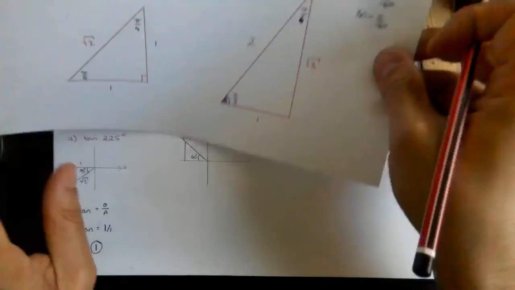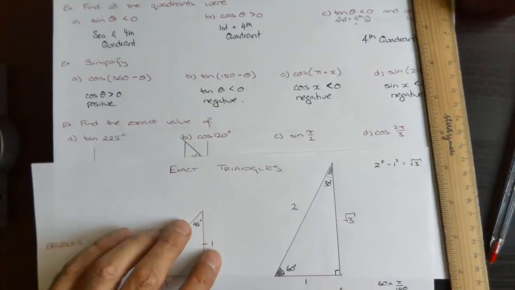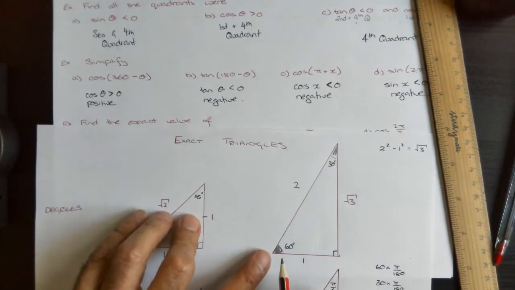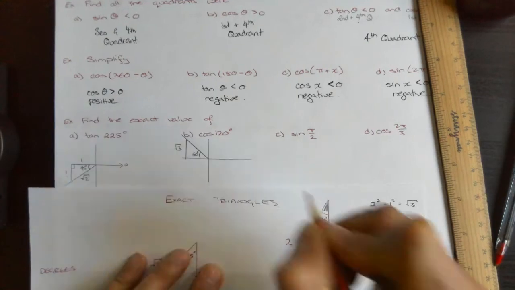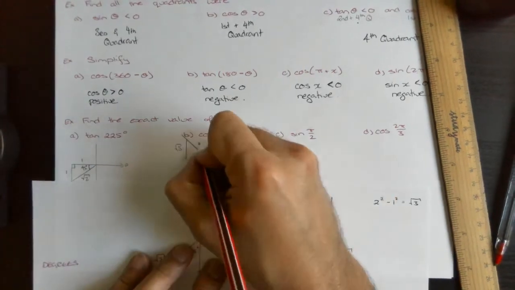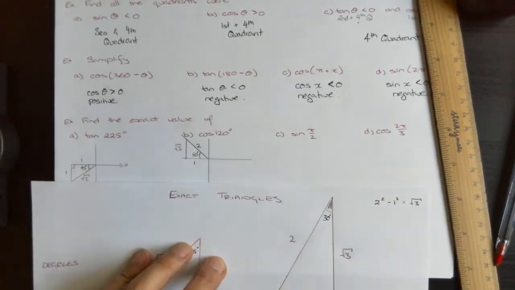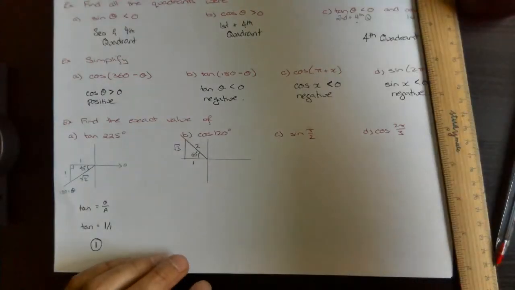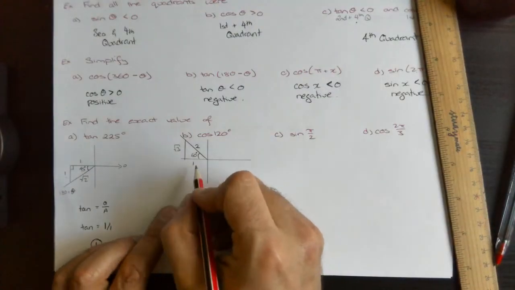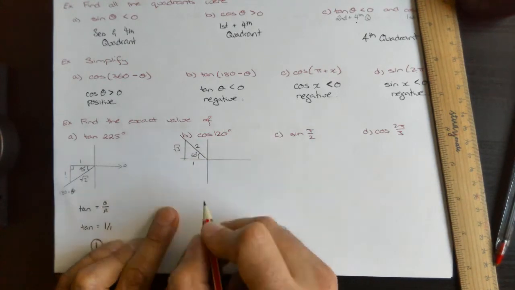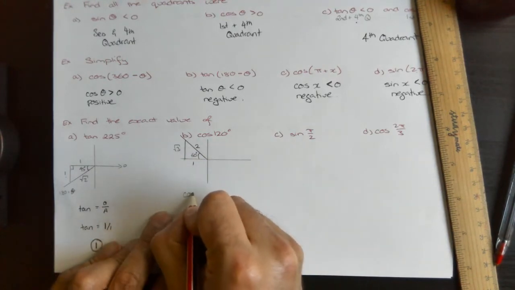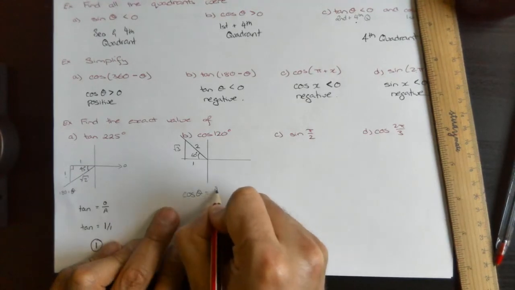I look at my exact triangles. Yeah. 60 degrees opposite the square root of 3. It's got 1 down here and 2 there. Okay. So we want the cos of this, and cos is going to be adjacent over hypotenuse. So cos theta is adjacent over hypotenuse.